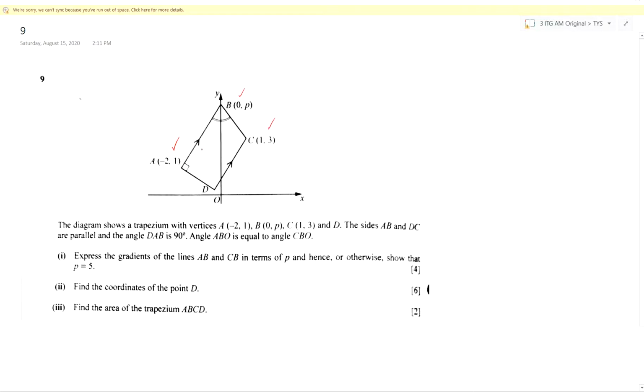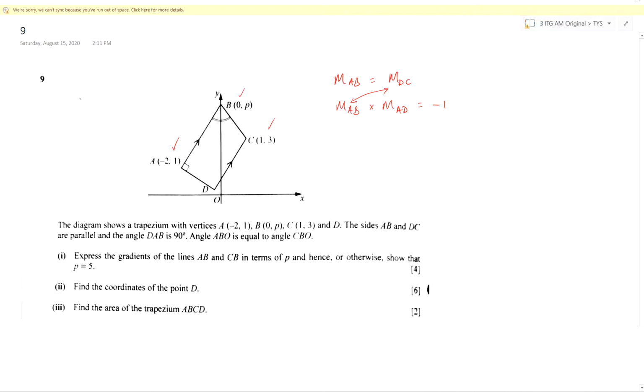So because it is a trapezium, they are parallel, so I know that the gradient of AB is equal to the gradient of DC. In addition, they give us that the angle over here is 90 degrees, so I know that gradient of AB multiplied by the gradient of AD is equals to -1. So this gradient of AB can be replaced by gradient of DC.